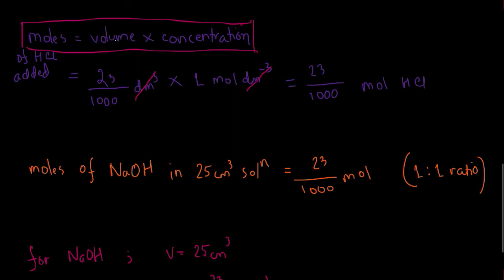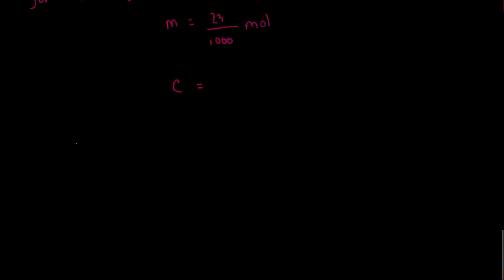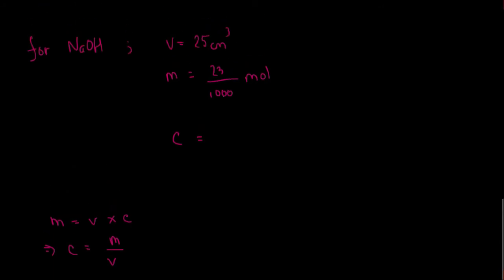If we rearrange this equation, the original being moles equals volume times concentration, concentration is going to be moles by volume. But we need to be careful about the units. The concentration needs to be in mole per dm cube, and this volume is in cm cube. So C equals m by v, right?